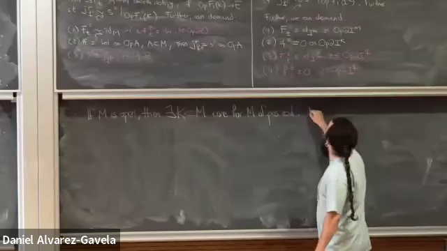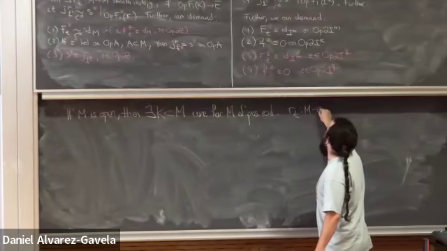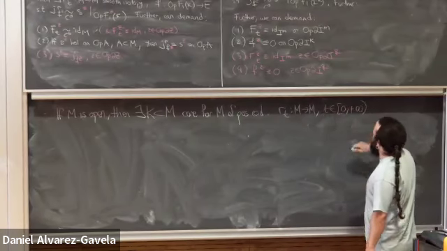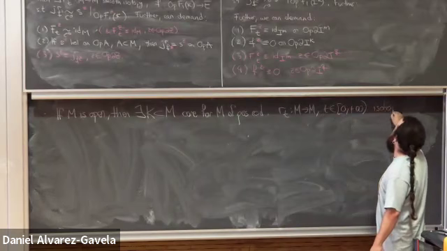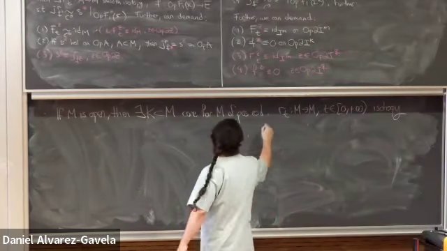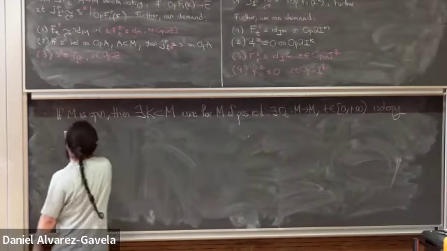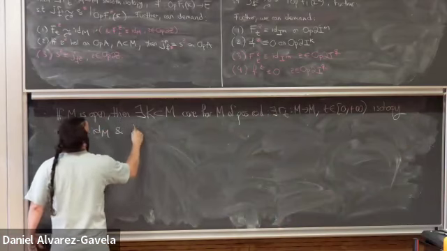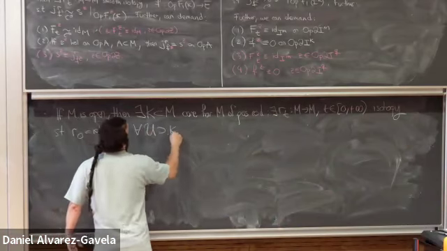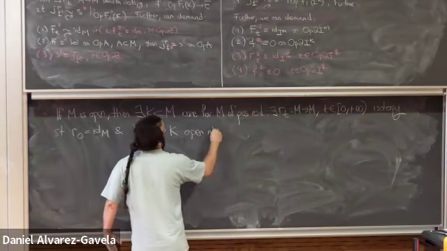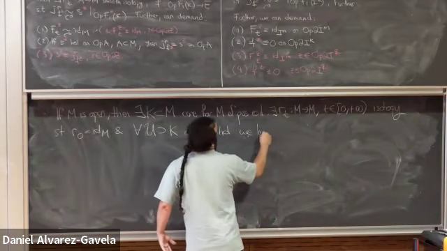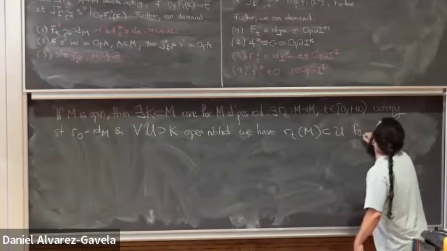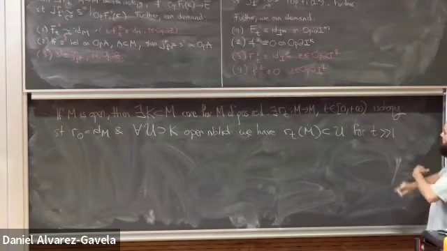Let's just agree that this means that there exists an isotopy R_t of M such that R_0 is the identity, and for every open neighborhood U containing K, this isotopy puts all of M inside U for t large enough.